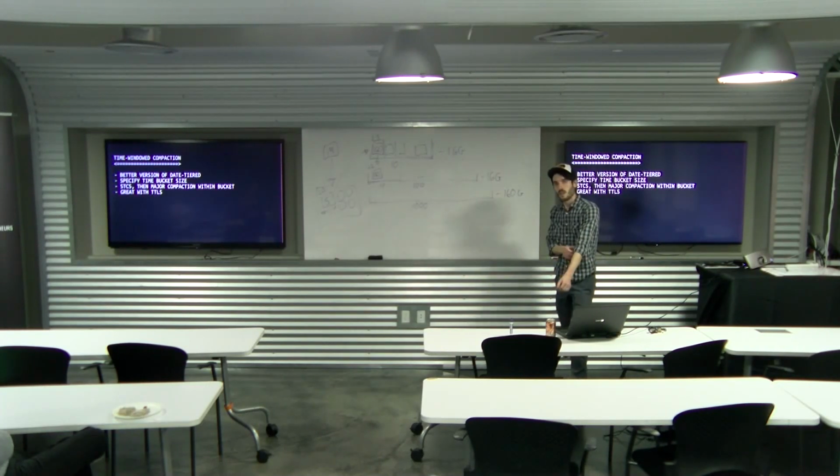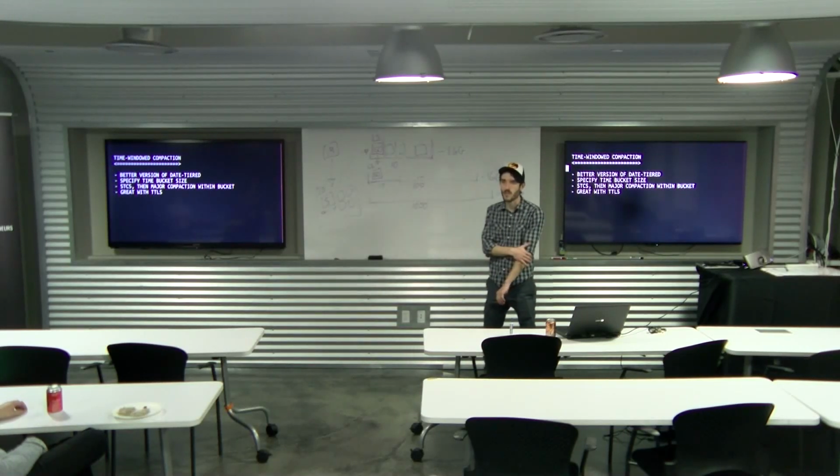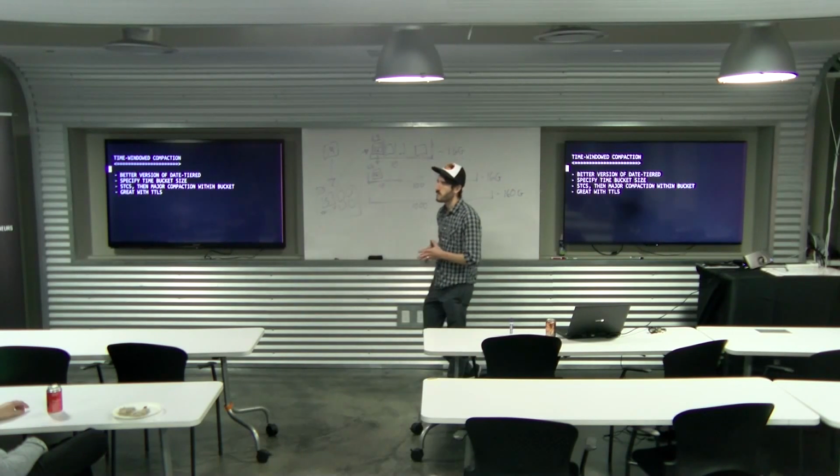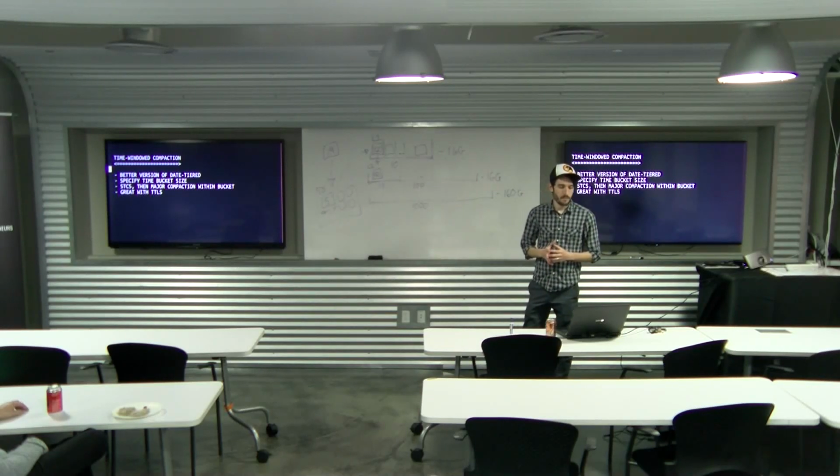Okay, so time window compaction. This is the most recent compaction strategy addition to Cassandra. It's a better version of something called date tiered compaction strategy that was introduced in like Cassandra 2.1, I think, maybe 2.0.